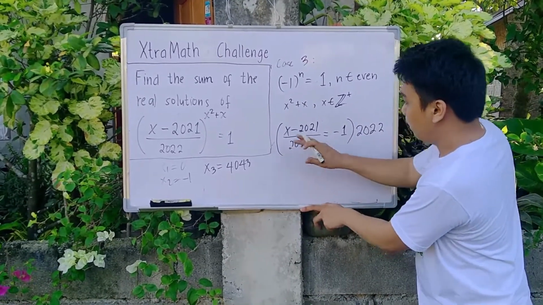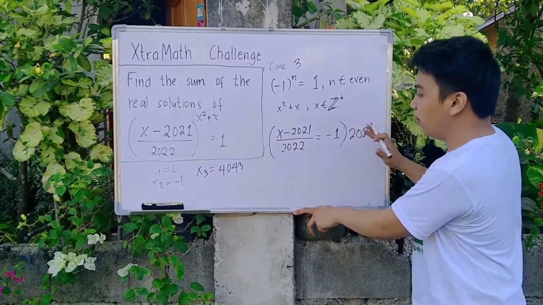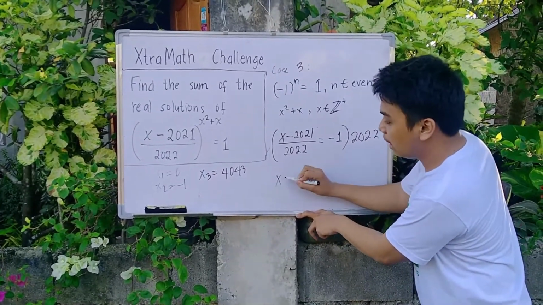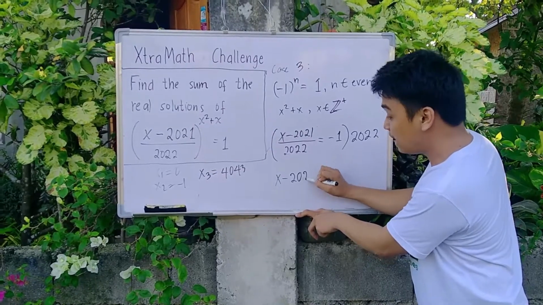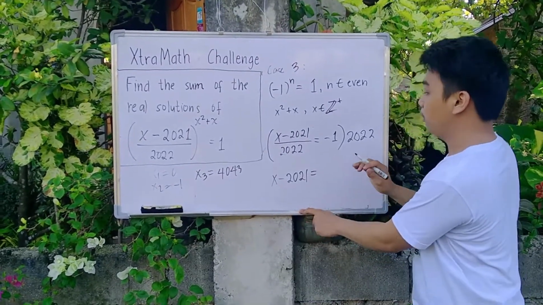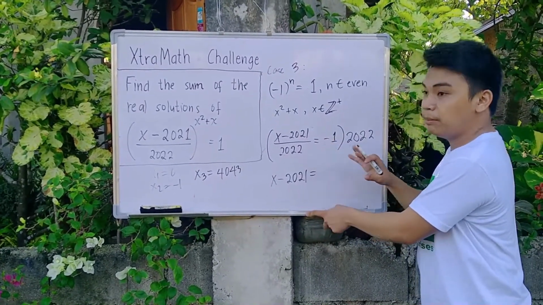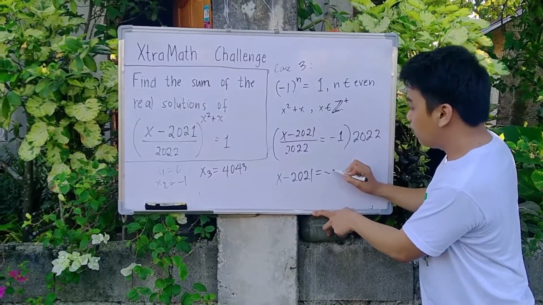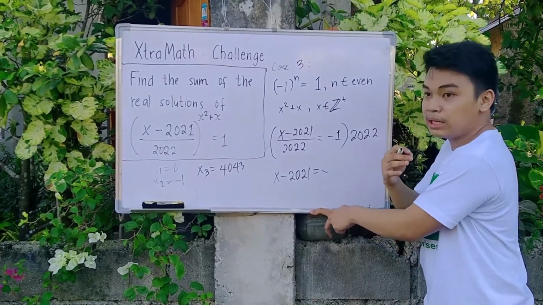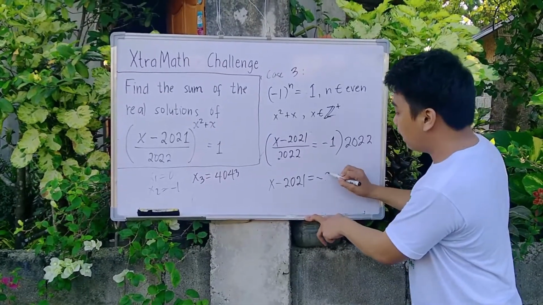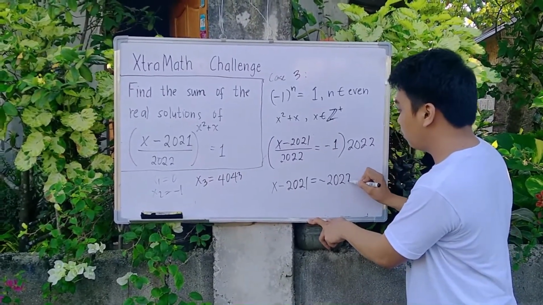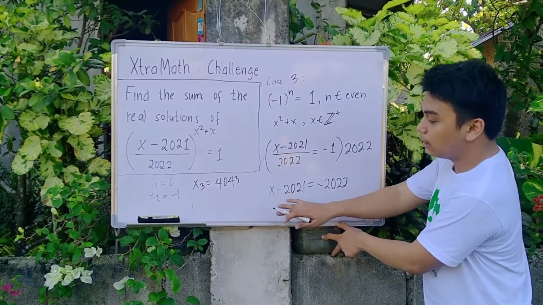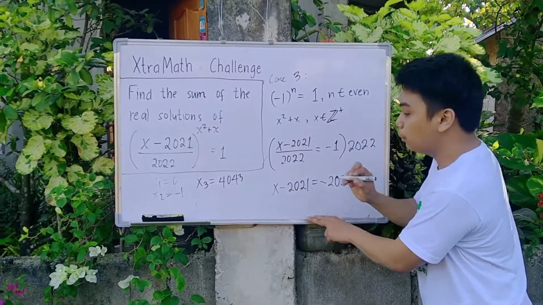So, yung maiiwan na lang sa left side is x minus 2021 is equal to -1 multiplied by 2022, that is equal to -2022.